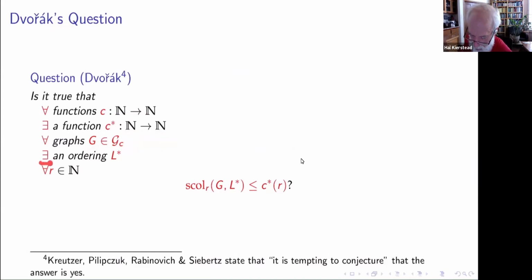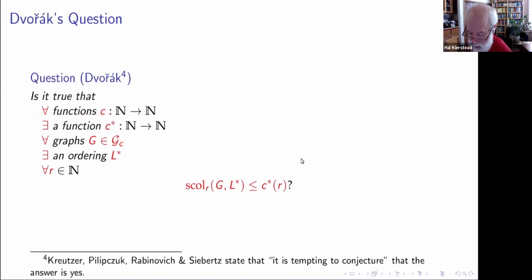You want an ordering L star that bounds all these numbers at the same time. So given this function, that's essentially giving the class.